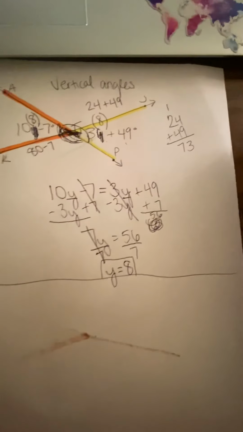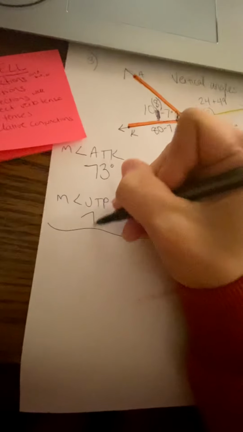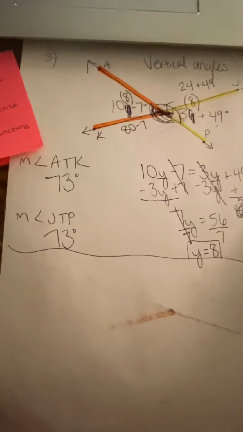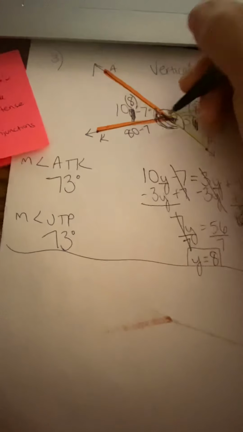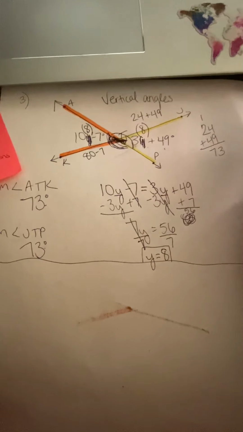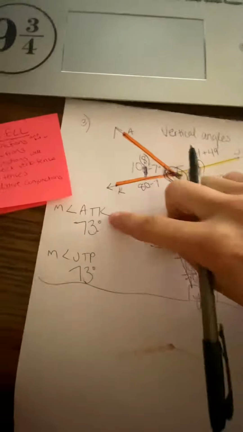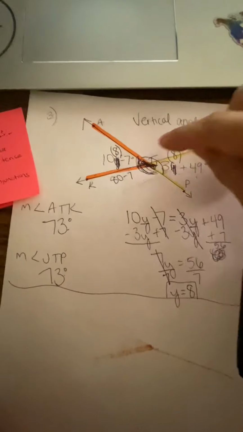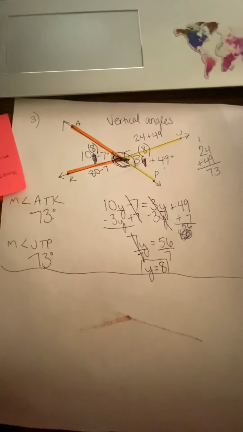We just checked ourselves by actually adding the numbers, so 73 degrees for JTP as well. So knowing that these two are vertical angles, they have the exact same measure, everything fits, and we have proved that both angles are 73 degrees and that they are vertical angles and have exactly the same measure.